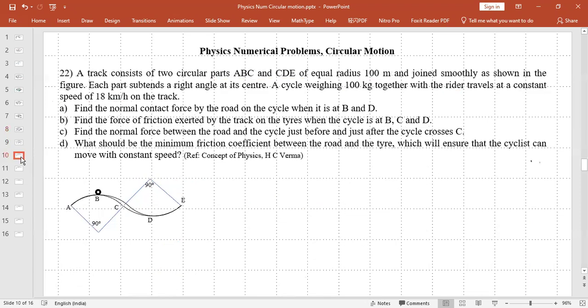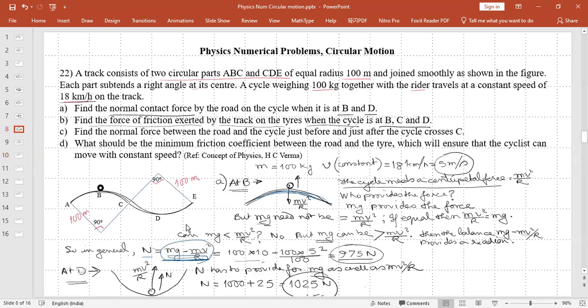Now, if we go to the third page, just before C, a similar thing happens. So this is C is here and the cycle is here, right? In the first page, I showed mv square by r was vertical towards the center, mg also towards the center.